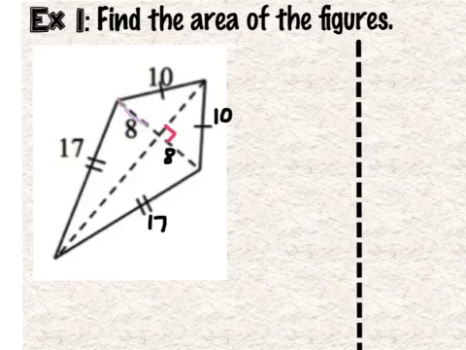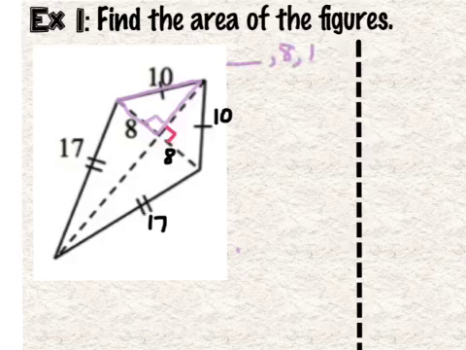So first I'm going to take a look at this right triangle here. This first right triangle has side lengths of blank, 8, 10.